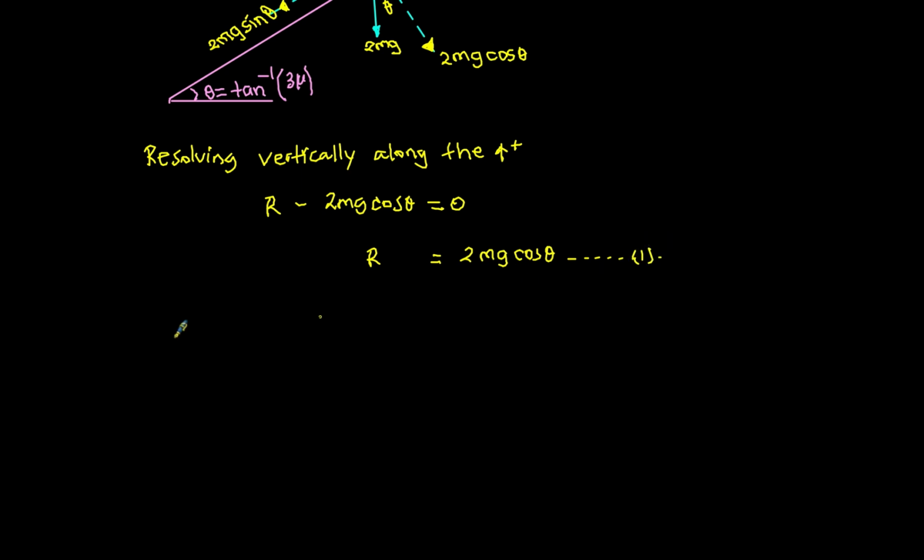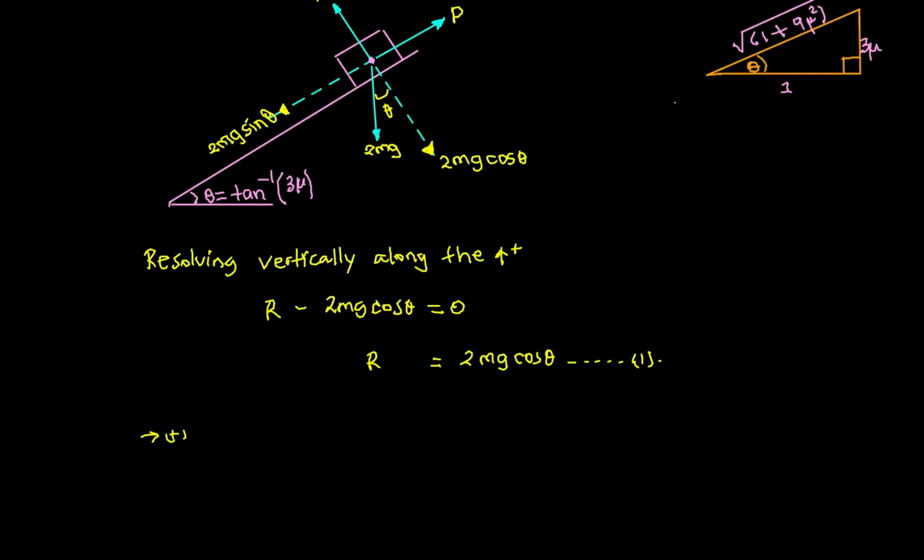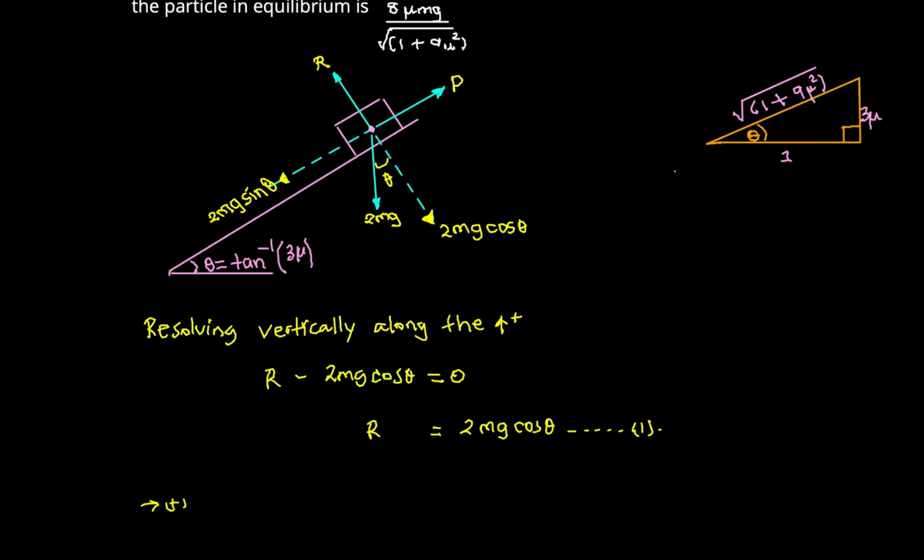Now let's do the same. We resolve along the plane, taking that direction to be positive. From our diagram, we can see that P has been balanced by this force and this weight.